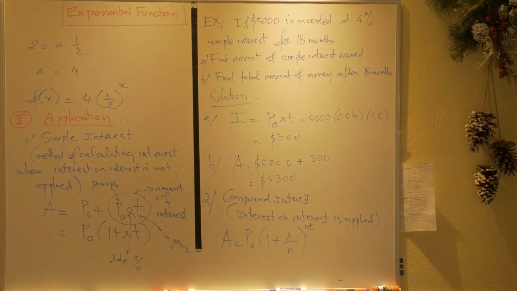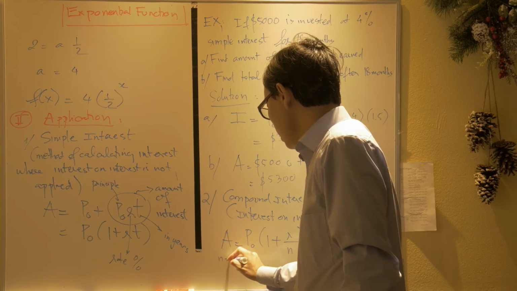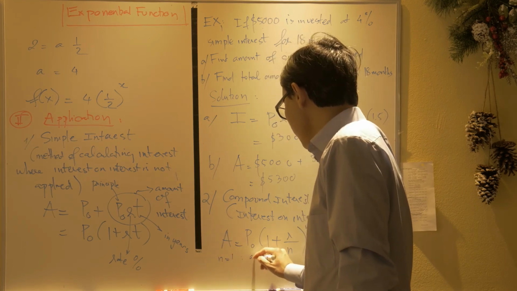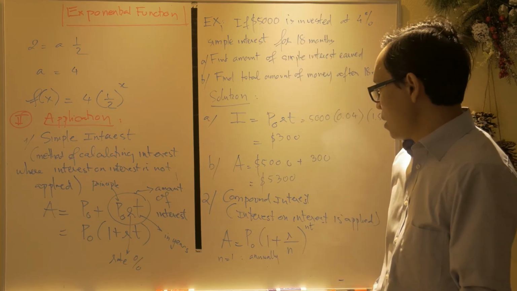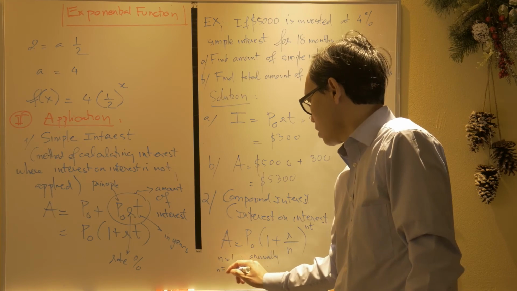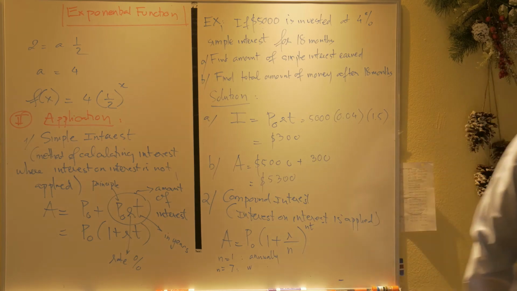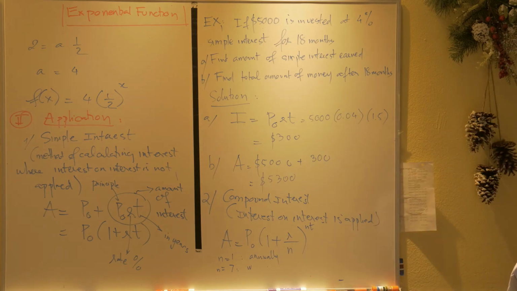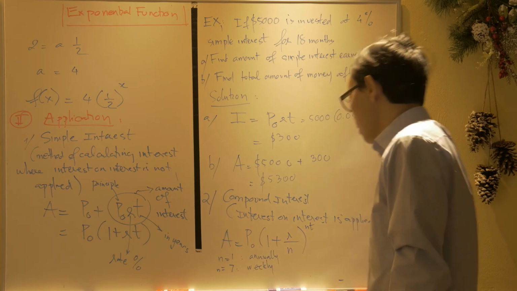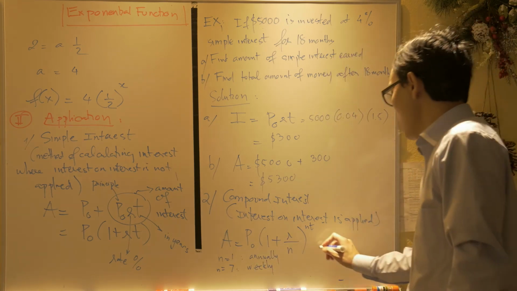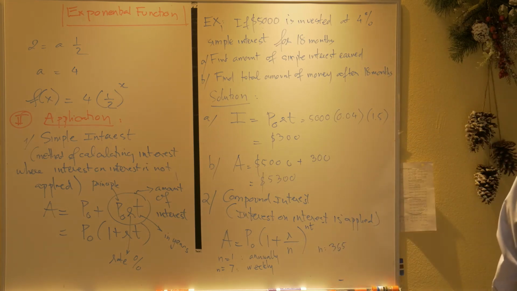So if you compound annually, your n equals 1. n equals 7 if you compound weekly. n equals 365 if you compound daily.